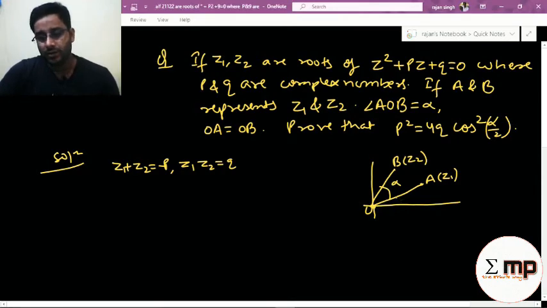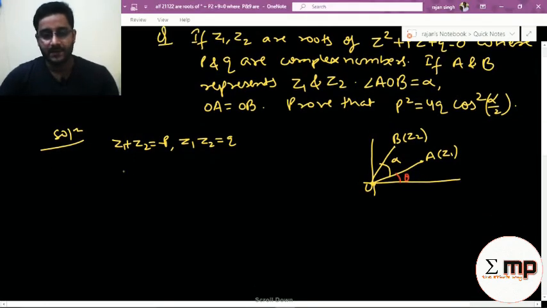So we have to prove this thing. We take this angle from our side as alpha. When you write the Euler's form of complex number, z1 is mod z1, the length OA, e to the power iota theta.